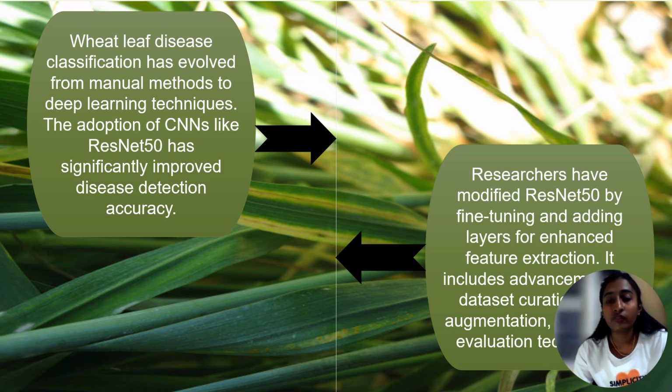So manual means we are not using any electronic devices. Before, manual methods were used to classify wheat leaf diseases, but after technology advanced with AI, they are now using deep learning techniques.